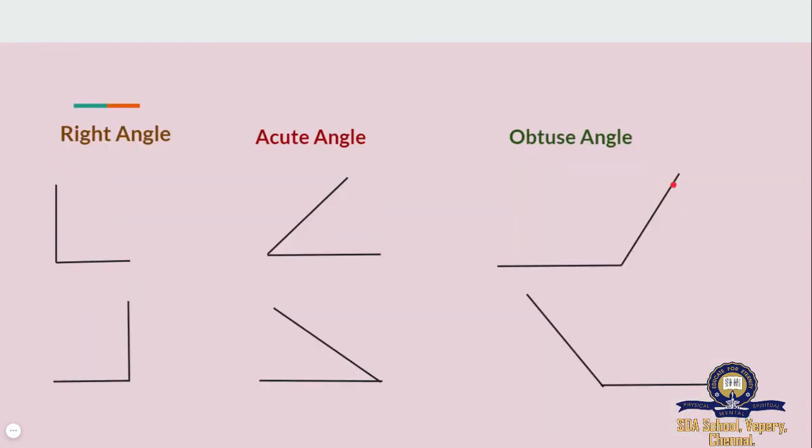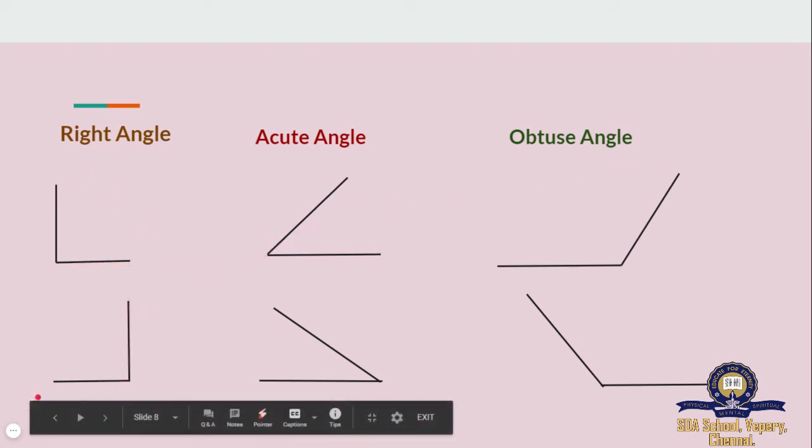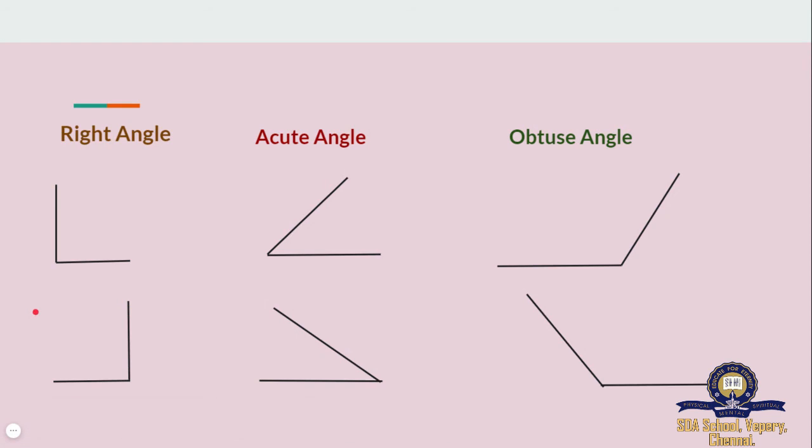Okay. So how can we identify right angle, acute angle, obtuse angle? Right angle is L shape. The L can be this side, the L can be this side. Whichever side it is, if it is like an L shape, it is a right angle. Then comes acute angle.